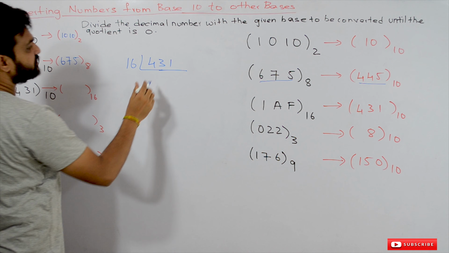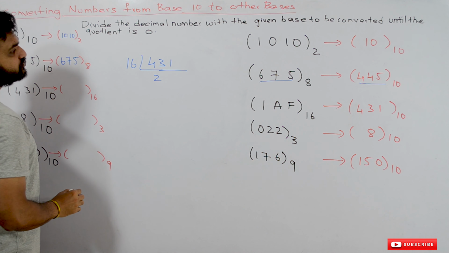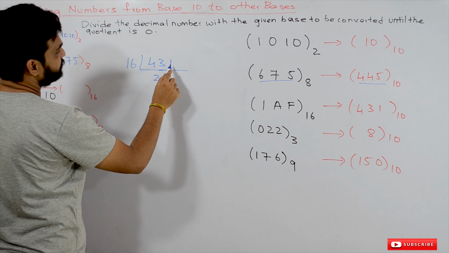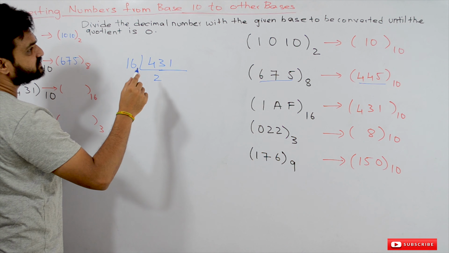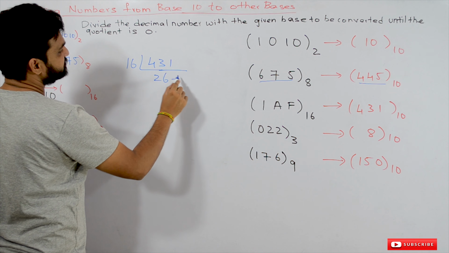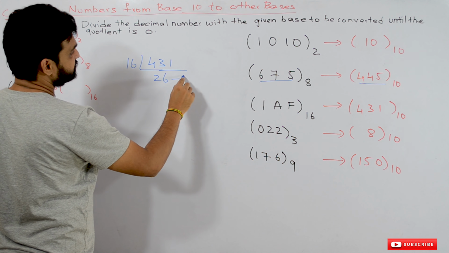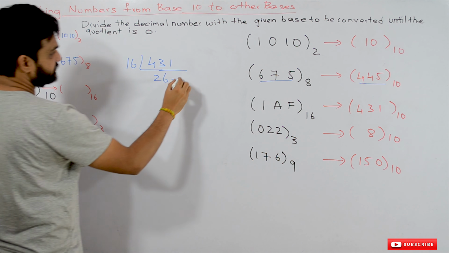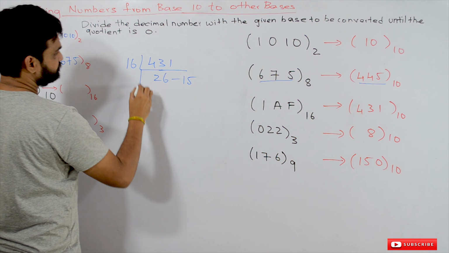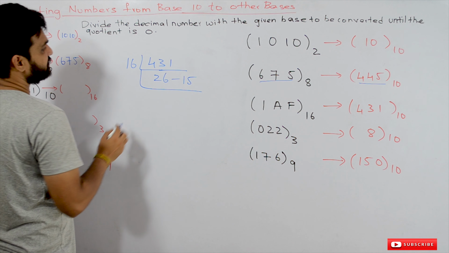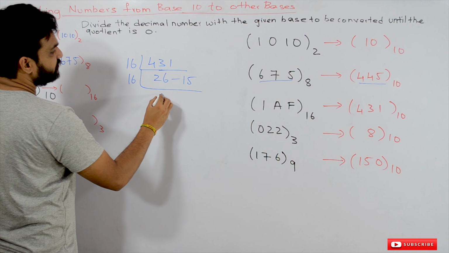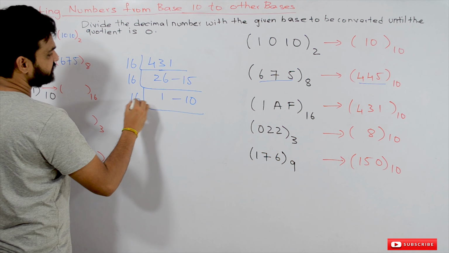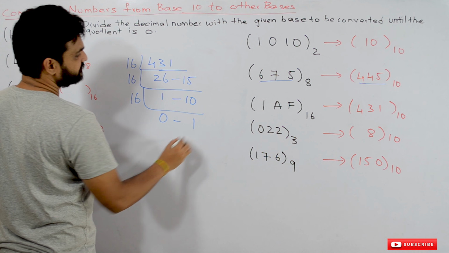If you divide this number by 16, we get 26, 16 times 26 is 416, and the remainder is 15. Similarly, 26 divided by 16 is one time, and the remainder is 10, and 1 divided by 16 is 0, remainder is 1.